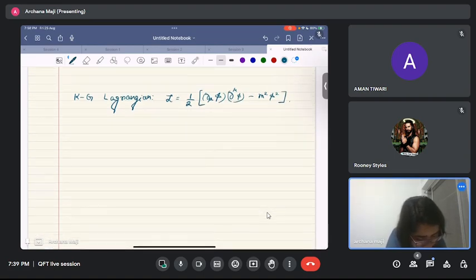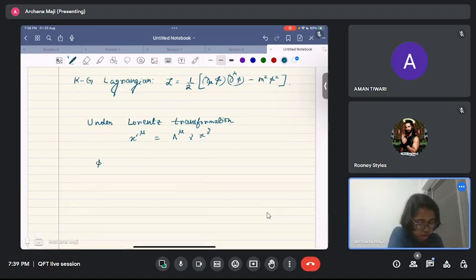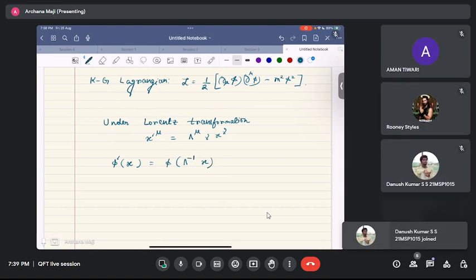So under Lorentz transformation, x prime mu will be lambda mu nu x nu, or the field phi prime of x is phi of lambda inverse x.